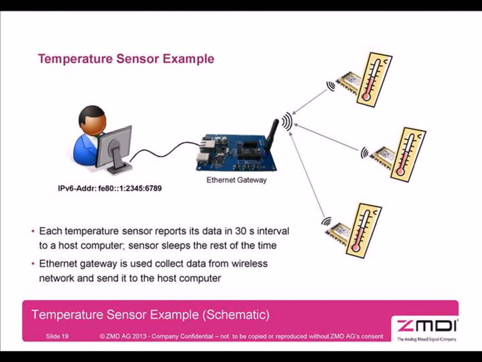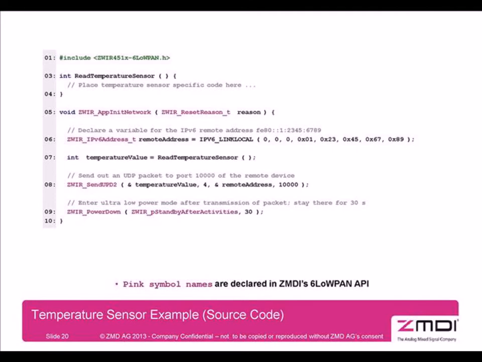We just call the send UDP2 with the pointer of the temperature value and the size, and also the remote address of the computer and the port number. Afterwards, the stack will send the UDP packet to the computer, and then in line number 9, we are calling our power down function. After executing this function, the stack will wait till the packet is sent to the computer, and then it will send the module into standby mode for the next 30 seconds.